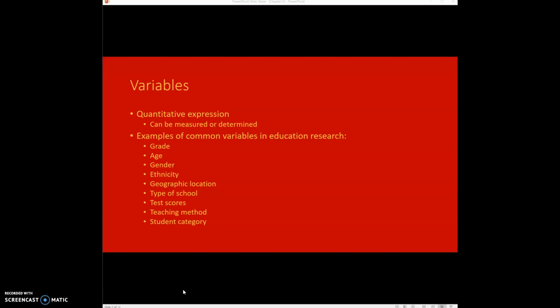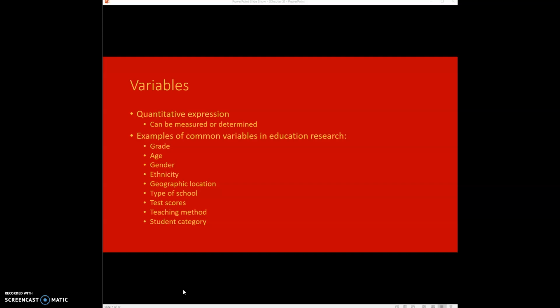So a lot of the terms that we're familiar with in schools and educational research are grade, age, gender, ethnicity, geographic location, type of schools, meaning elementary, middle, high school, test scores, and those are a different kind of variable. Teaching method, somebody might use group methods, single instruction, small groups, group learning from Kagan.